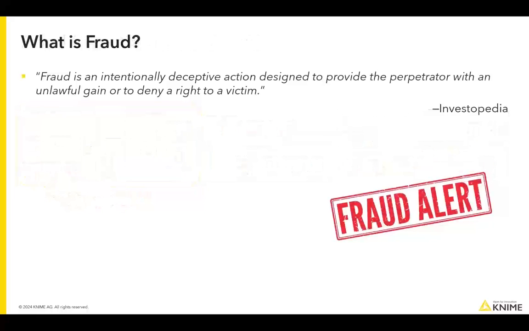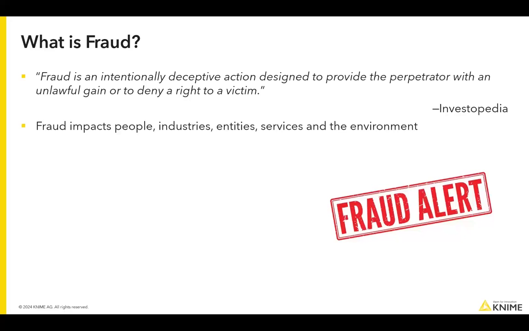So let's start with the fraud detection. So I guess everyone knows what fraud is. This is some intentionally deceptive action to get some unlawful gains. And of course, it can impact individuals negatively, but on larger scale also industries, entities, and so on.